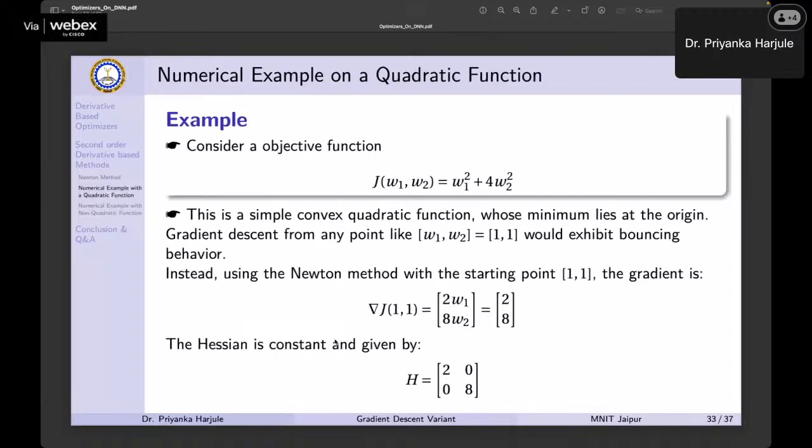So this is a small numerical example for demonstrating Newton's method.